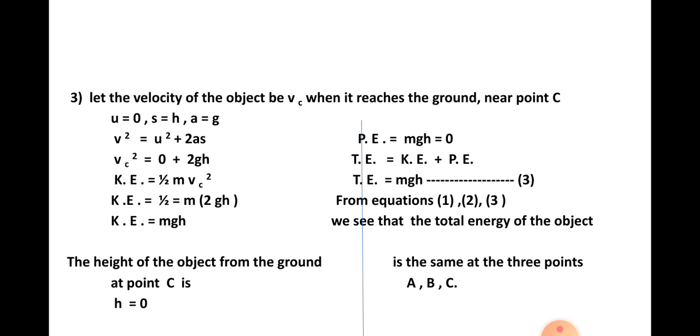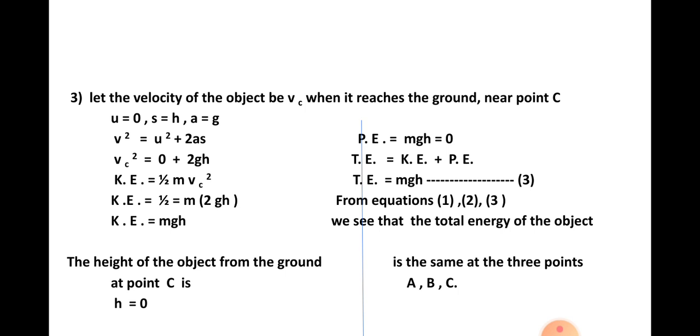Let the velocity of the object be vC when it reaches the ground near point C. Here again initial velocity u is equal to 0, displacement s is the height h, and a is equal to g, acceleration due to gravity.